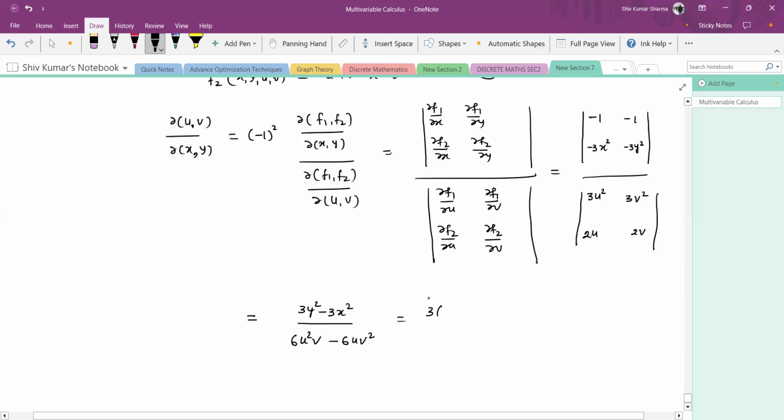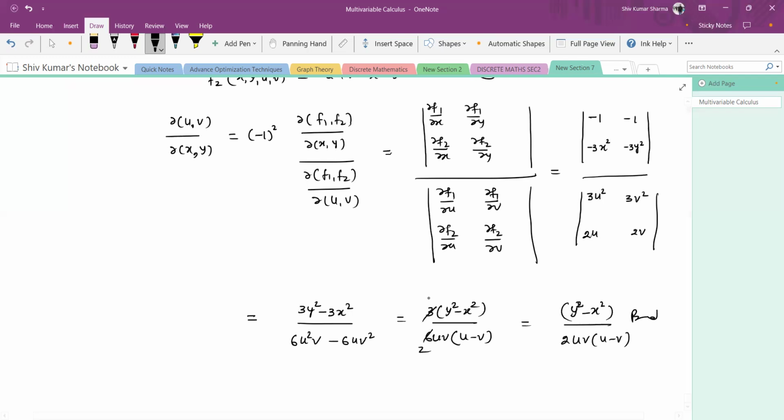So we take 3 common from the numerator, which gives 3(y square minus x square), and we take 6 common from the denominator, which gives 6uv(u minus v). So 3 by 6 is 1 by 2, and this is equal to y square minus x square upon 2uv(u minus v).